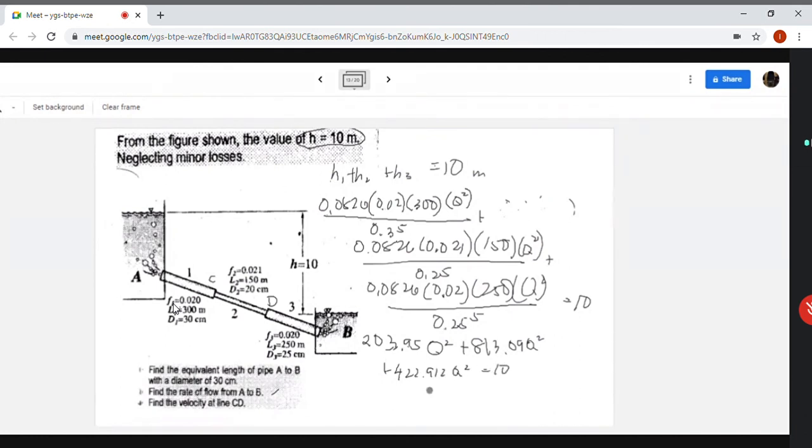So add them all: 203.95 plus 813.09 plus 422.912 becomes 1439.952 Q squared equal to 10. So we can get Q. The square root of 10 divided by 1439.952 gives 0.083.